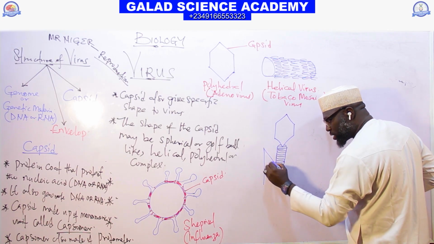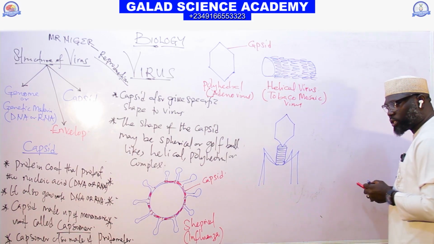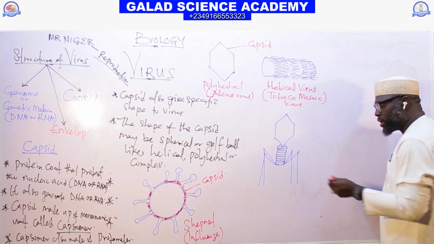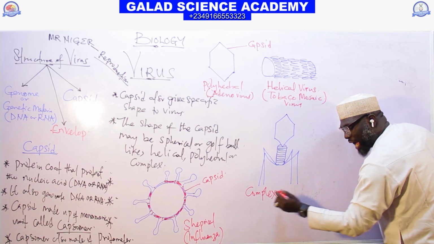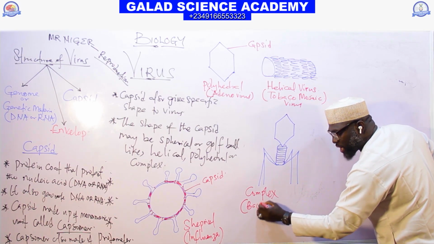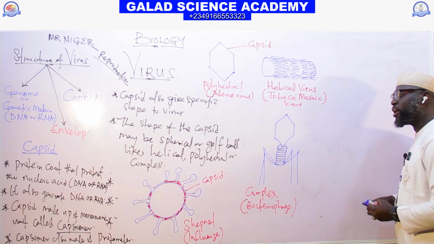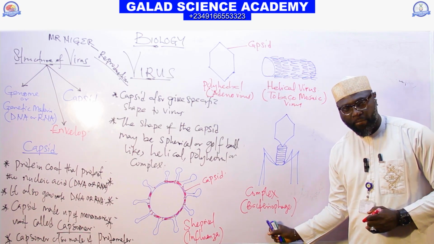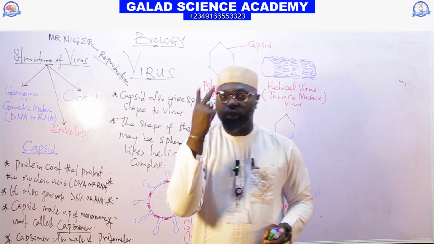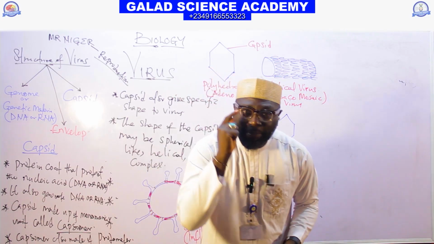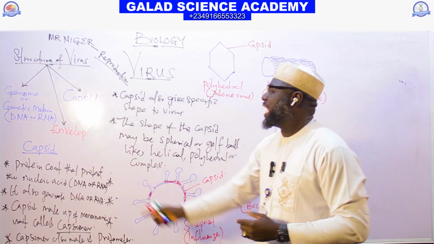This virus is what we call a complex virus. An example of this complex virus shape is the bacteriophage. It's a virus that attacks bacteria. In terms of structure, I said a virus consists of two things structurally: capsid and genetic material. Optionally, the envelope may be present.